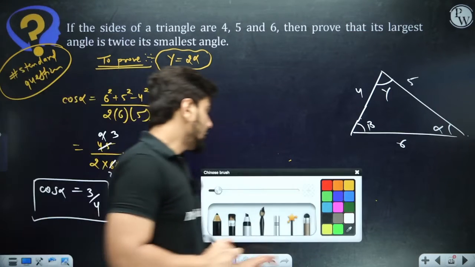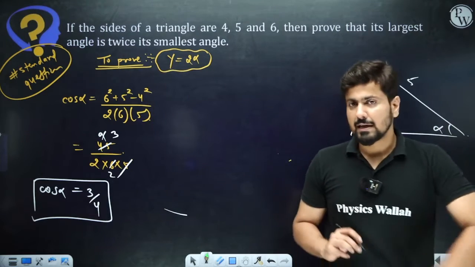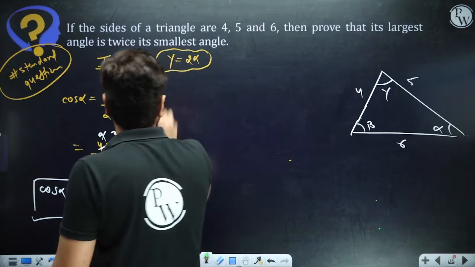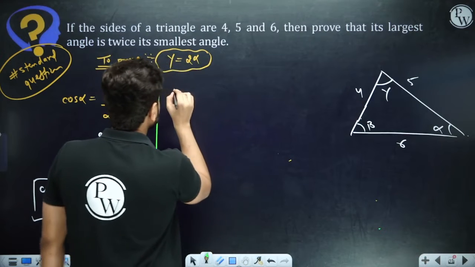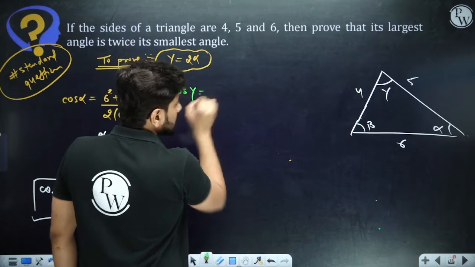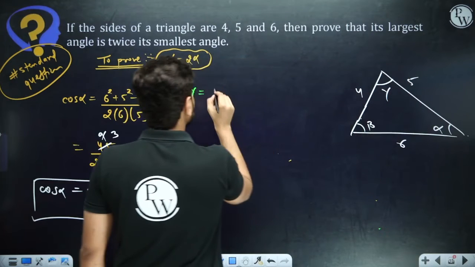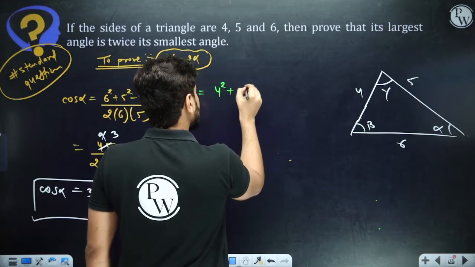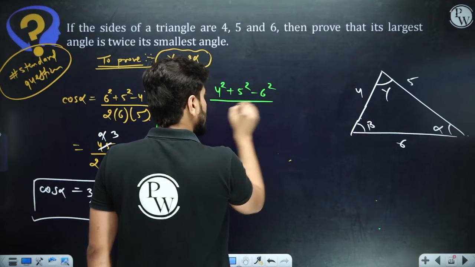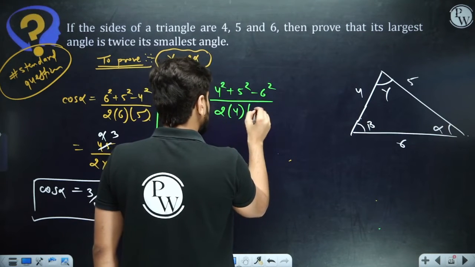Now let's talk about cos of angle gamma. So cos gamma is going to be 4 square plus 5 square minus 6 square upon 2 times 4 into 5.